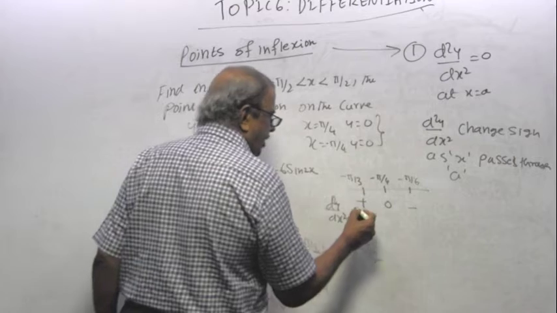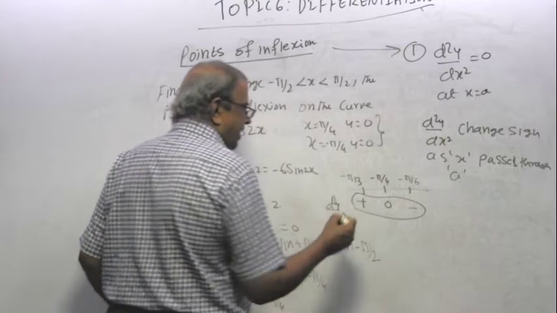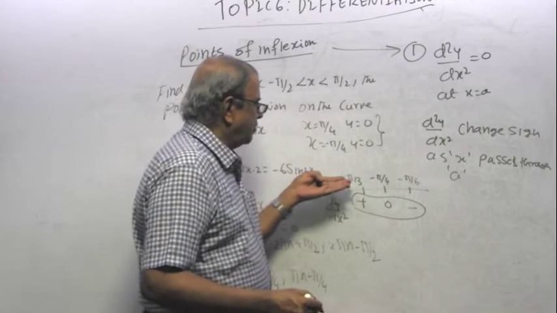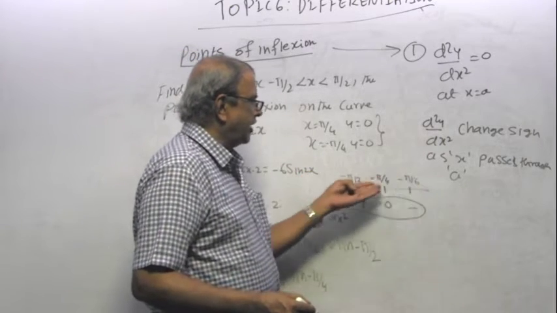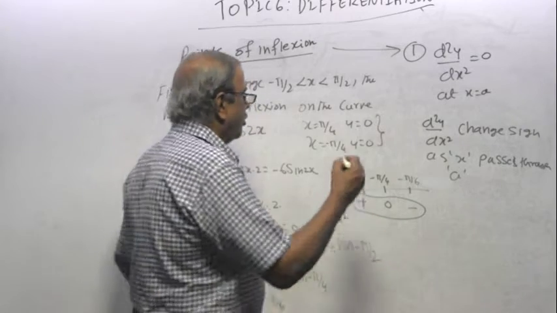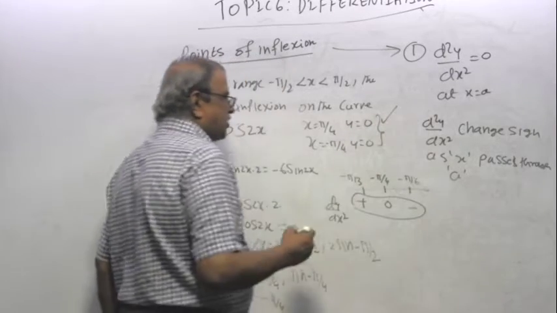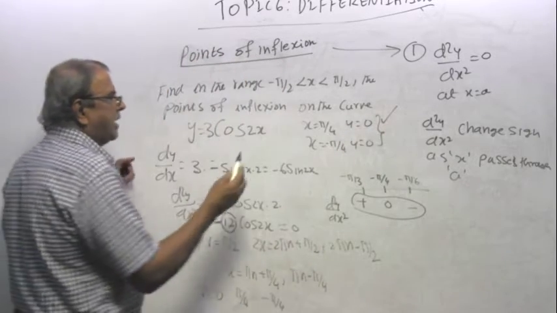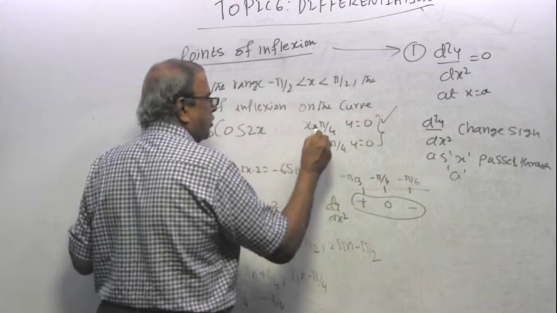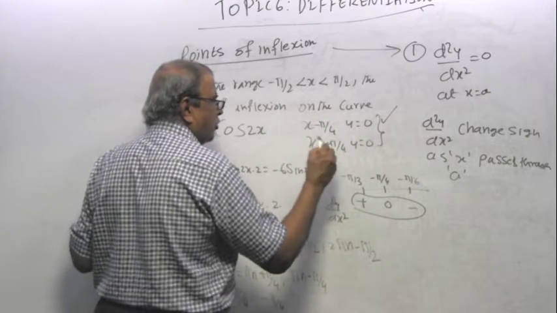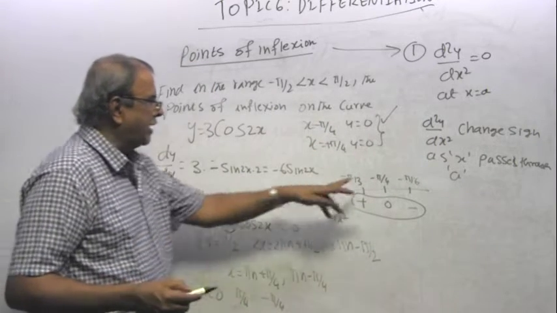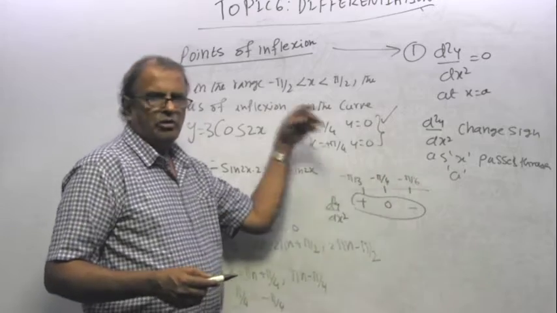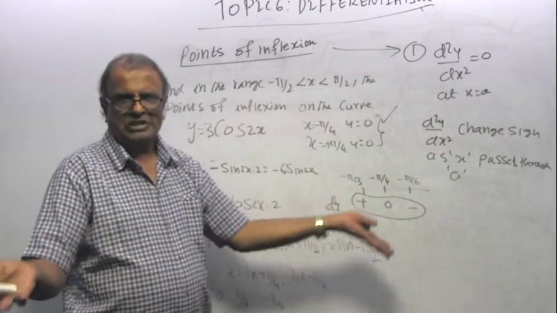So look, d squared y by dx squared changes sign as x increases from minus 60 to minus 30 through minus 45. So that's a point of inflection. Do the same thing. Of course, let me put a minus pi over 4 there and a plus pi over 4 there. If you do for 45, 30, 45, 60, it goes from minus to plus. Same story.